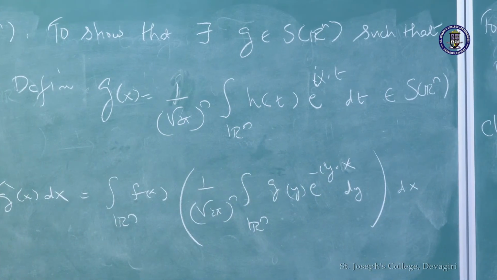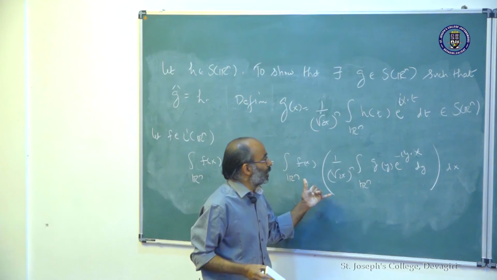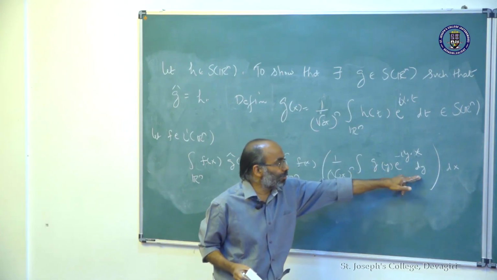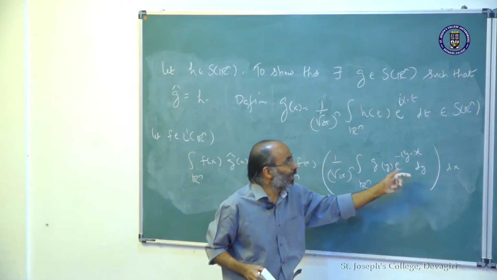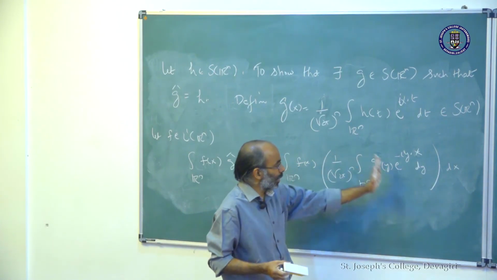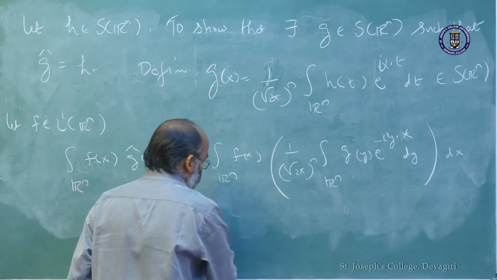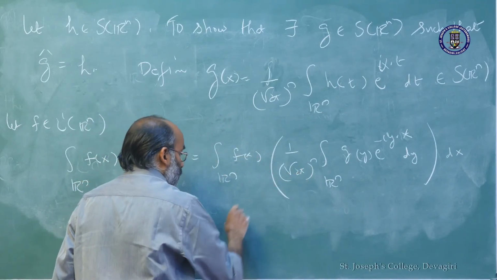But now we are in a good position to interchange integrals because f is in L1, g is in L1, right. This is in L1 with respect to y, this is in L1 with respect to x, this gets modulus 1. So, when I take the modulus, by Fubini's theorem you can interchange. So, let us interchange. When you interchange, g comes out.